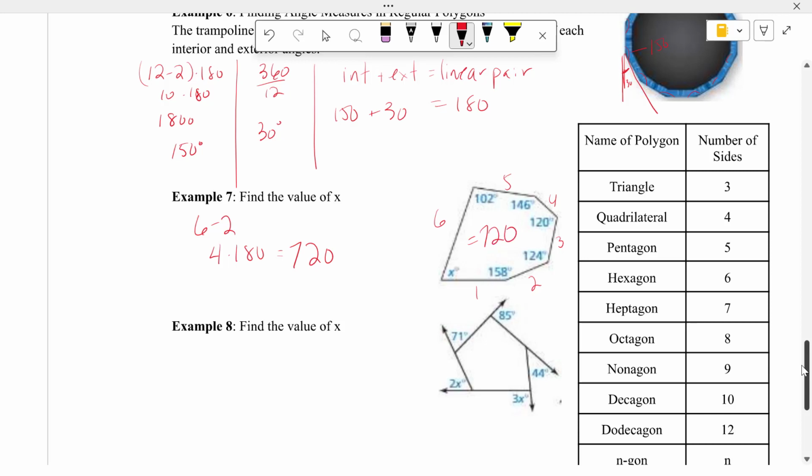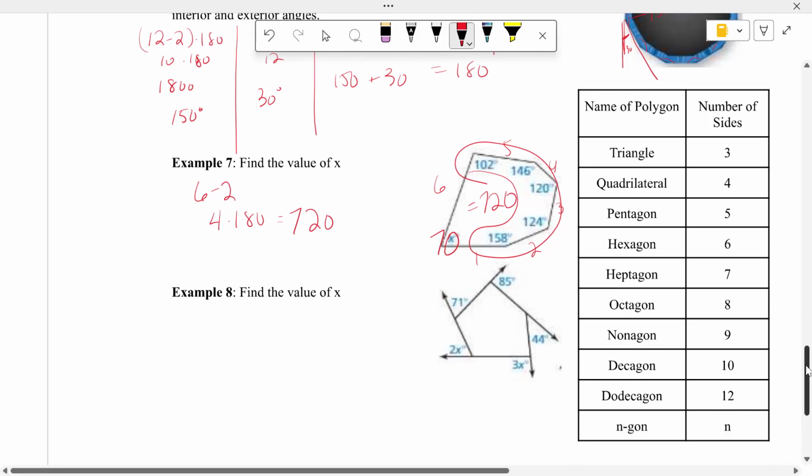All I'm going to do is take away all the other degrees: minus 102, minus 146, minus 120, minus 124, minus 158. And that gave us 70 degrees left over. I just subtracted all of these from 720 to get what's left over, which is 70. All right, that's how you do that.